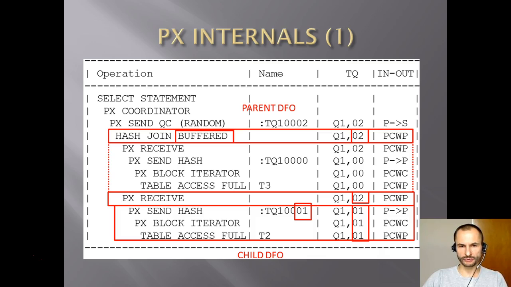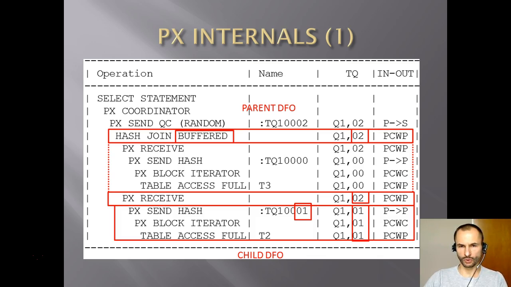So again, this follows the same pattern. We have this parallel operation here, so multiple processes work on different pieces of this full table scan. Whatever data they identify, they hand over via this table queue to the other parallel slave set running this second phase of this hash join. And if we had the same pattern as we had for the serial execution, then we would now be at the phase where the actual join would be performed.